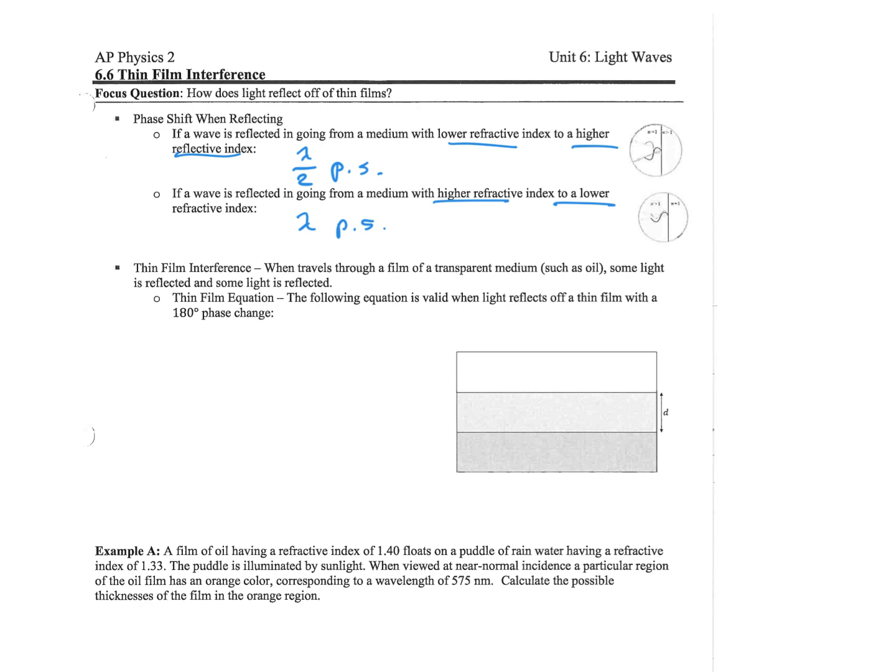All right, we then looked at thin film interference and what the thin film equations are. For one layer of film, like oil sitting on top of water, you're going from lower to higher to lower again. So this would be like air, where n is 1, oil, where n is 1.4, and water, where n is 1.33.